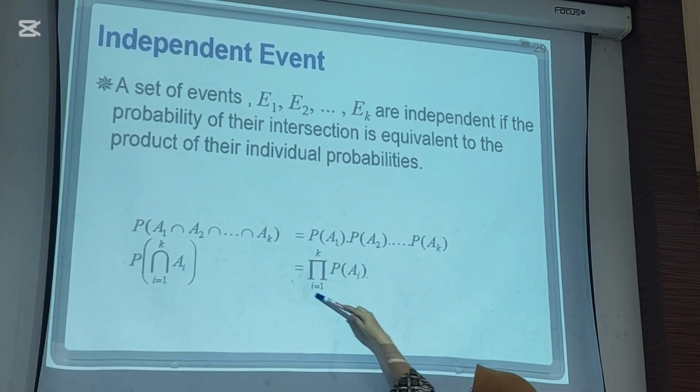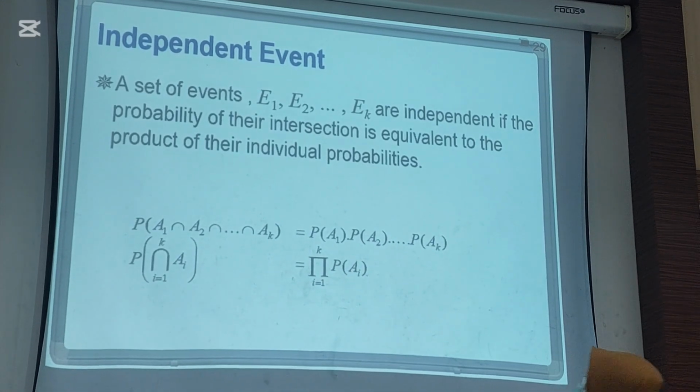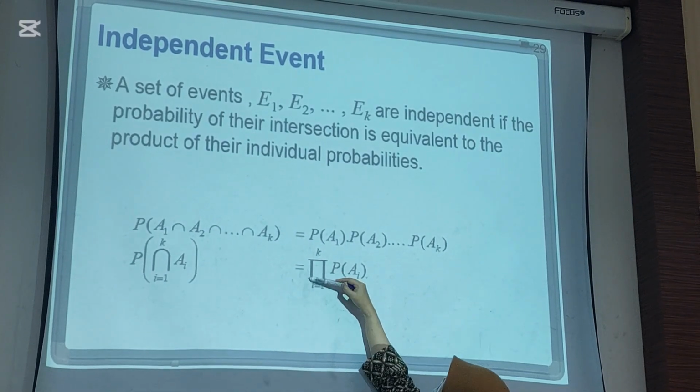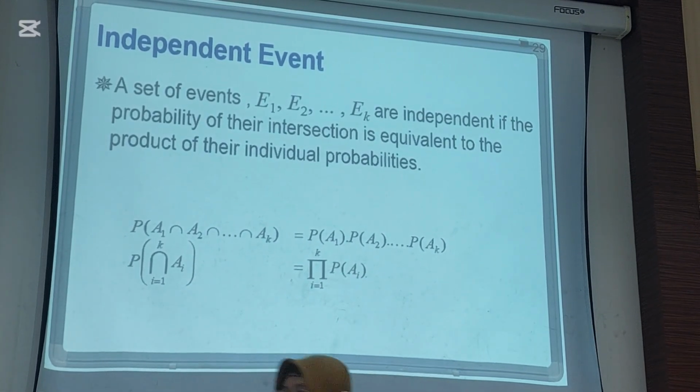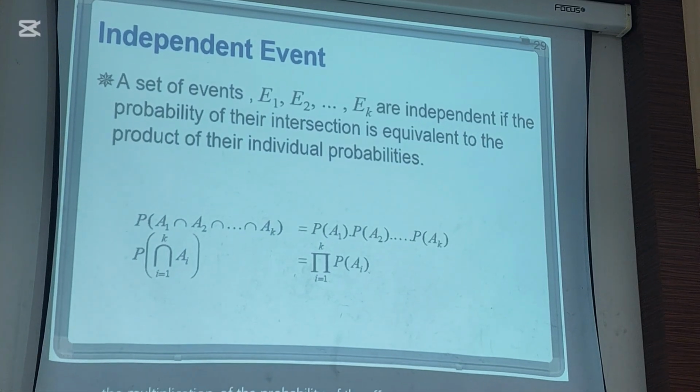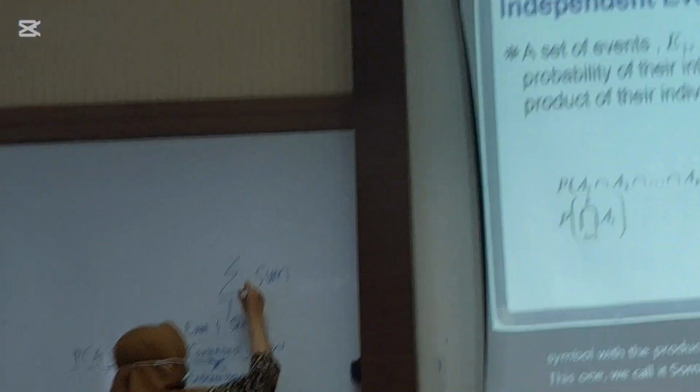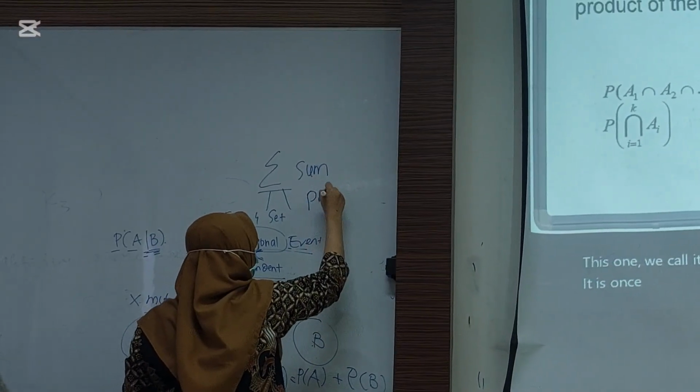We can write this with the symbol for the product of the individual probabilities. This one we call sum. This one we call product.